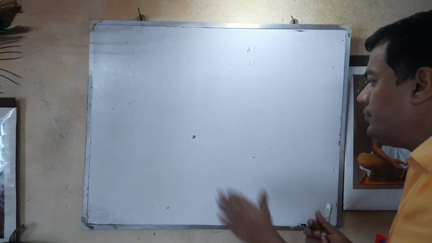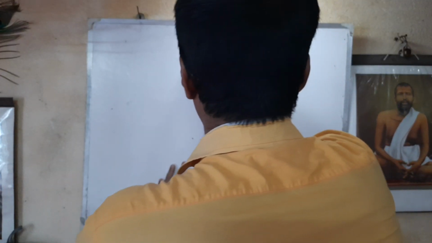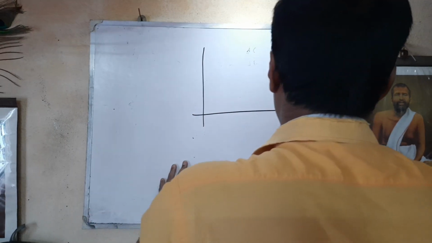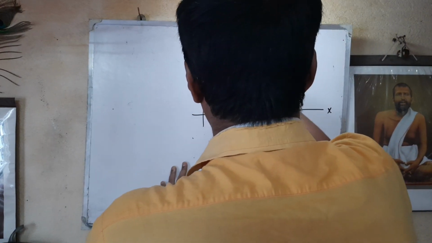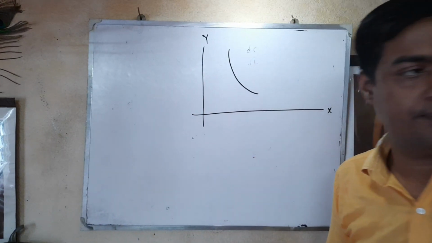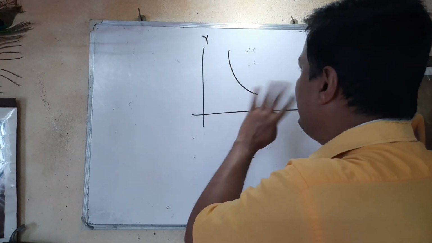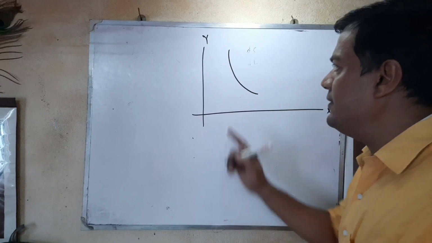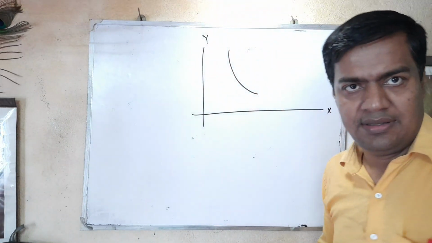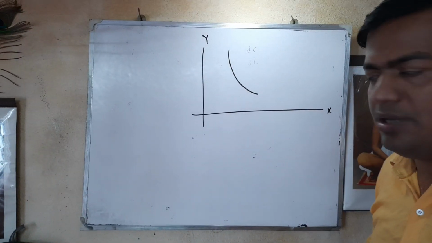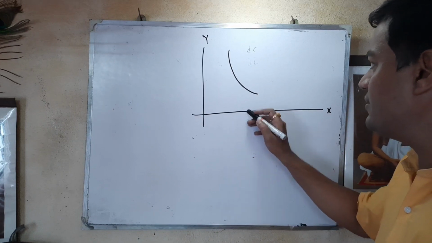Now, let us consider a graph like that. It is our x-axis, it is our y-axis. Say a graph is like that. I can say from the nature of the graph that it is a decreasing function of x. You just notice that when x increases, y decreases.